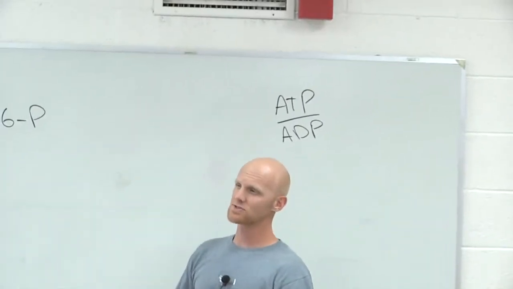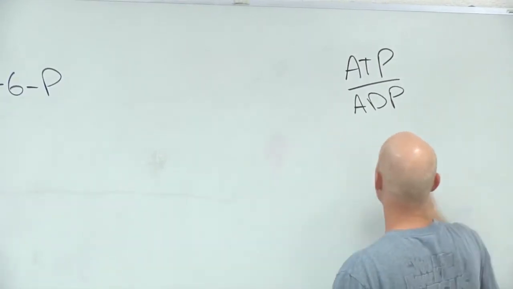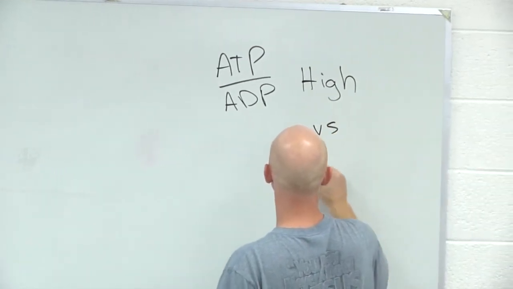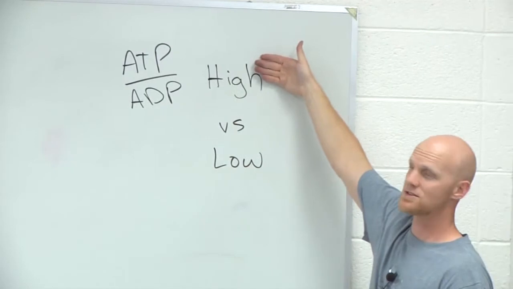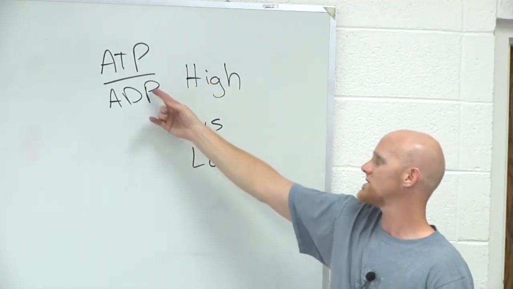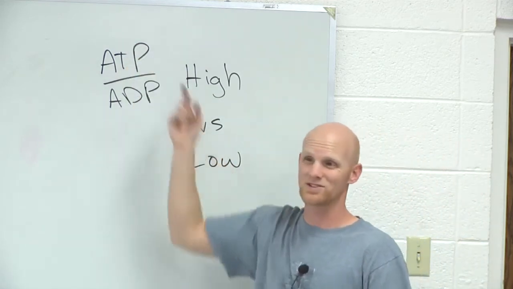It means the same thing. If this ratio is high, it means a high energy situation, with lots of ATP relative to ADP. However, if this ratio is low, then you're in a low energy situation because you have lots of ADP and not so much ATP.